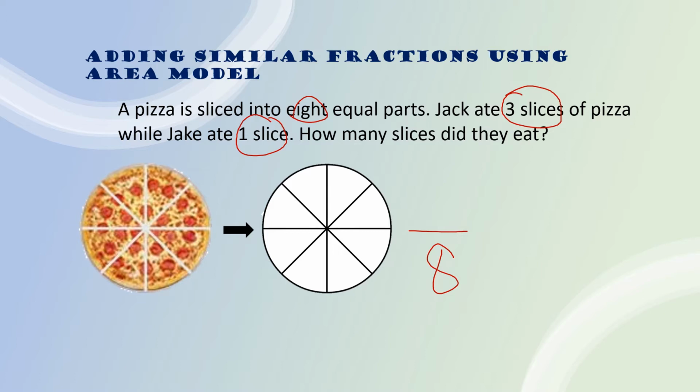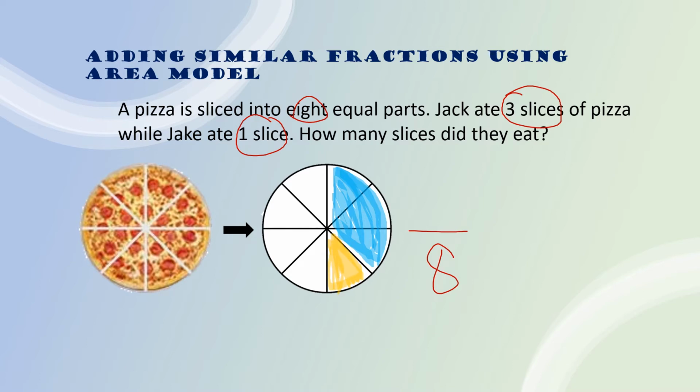So let's have these 3 slices of pizza. Let's shade this part. Okay, so that's for Jack. And Jake ate 1 slice. So let's have this part for Jake.